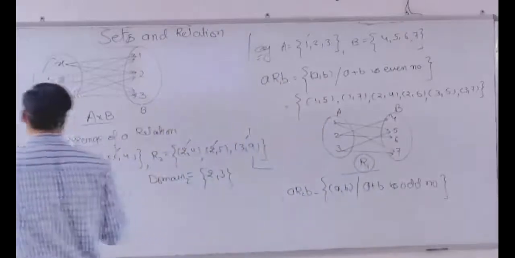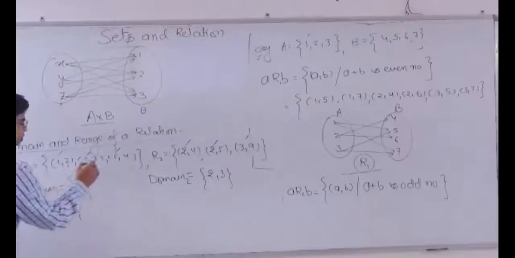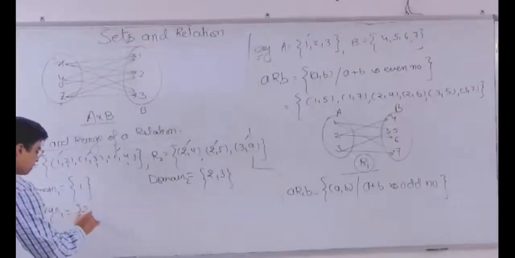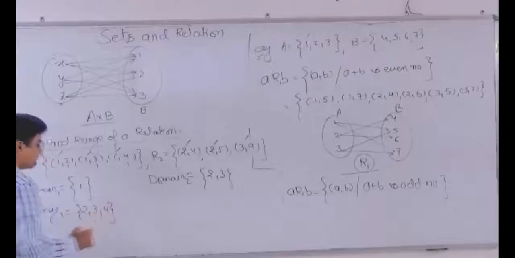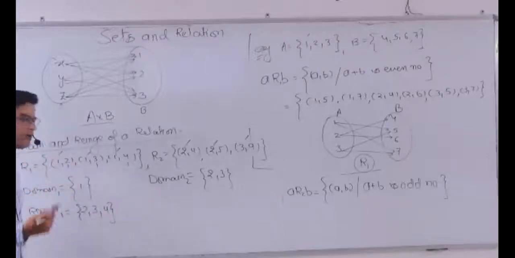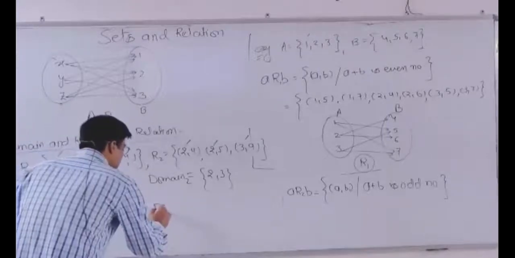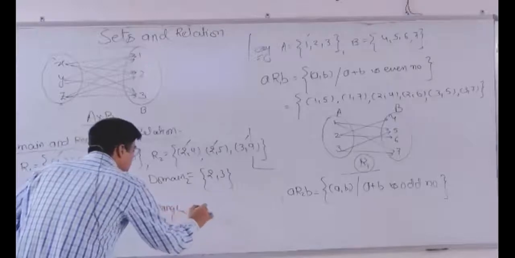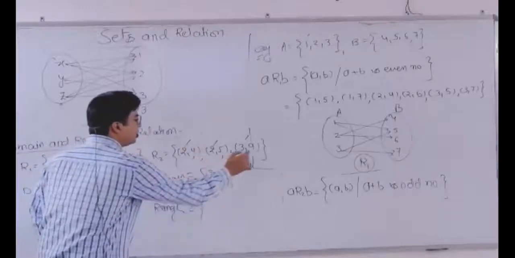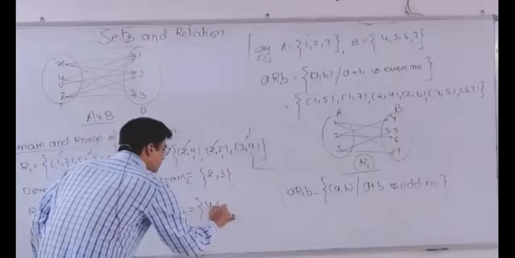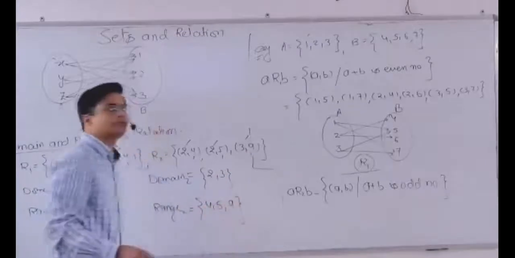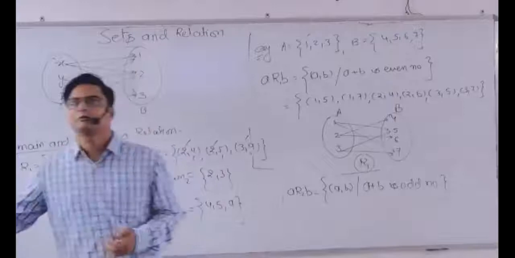So for the first relation, {2, 3, 4} will become the set of my range. In the case of R2, range will become {4, 5, 9}. Okay, so let's write it also.